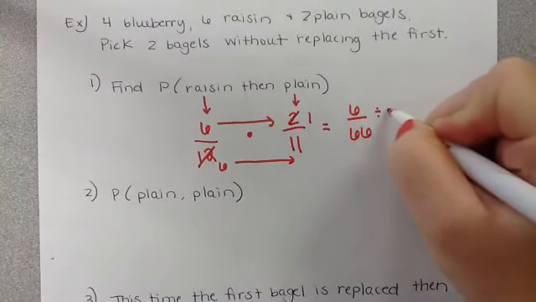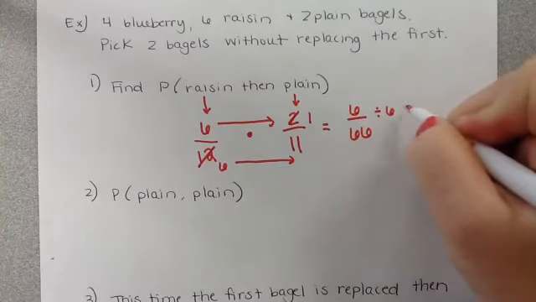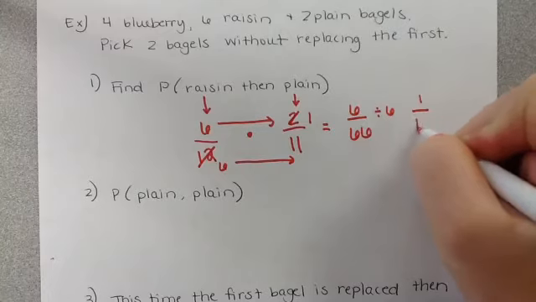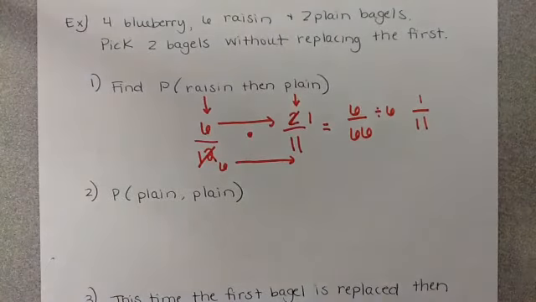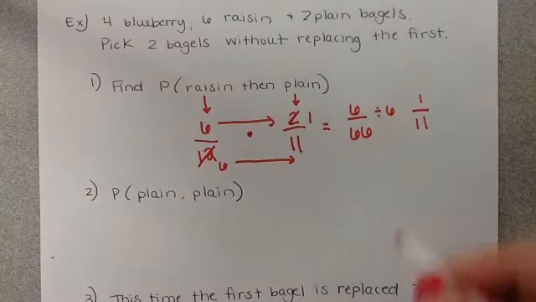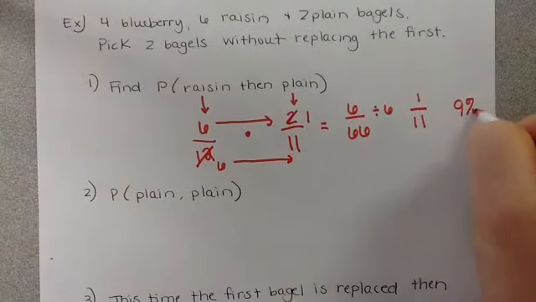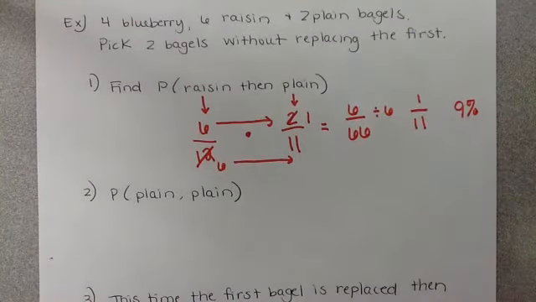Divide these both by 6, and we get 1 over 11. Go ahead and find that as a percent. There is a 9% chance that you will pick a raisin, then the plain.